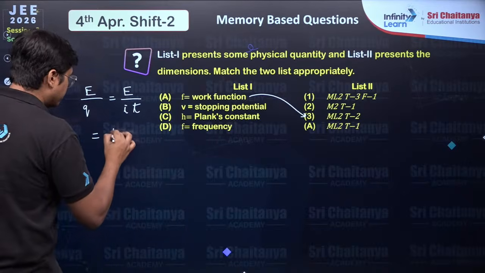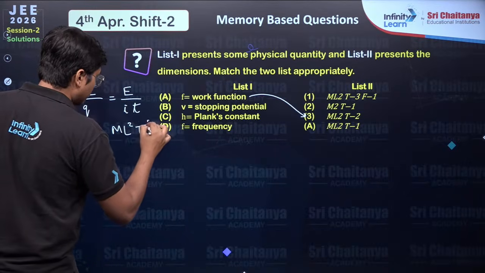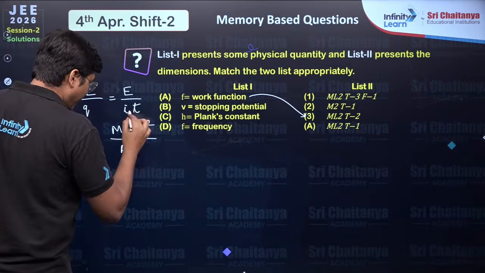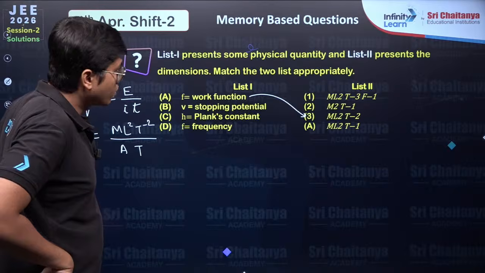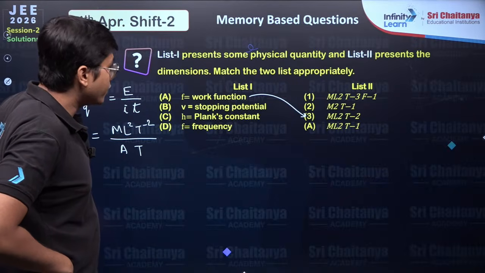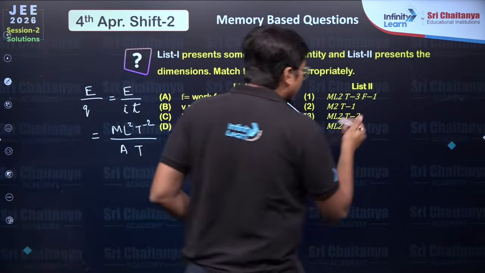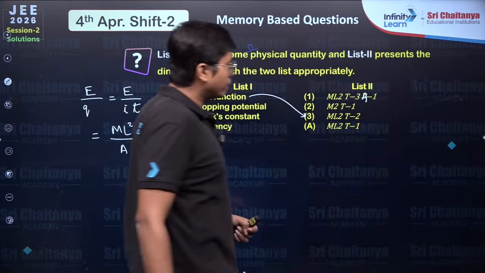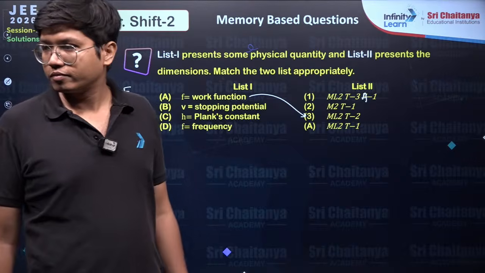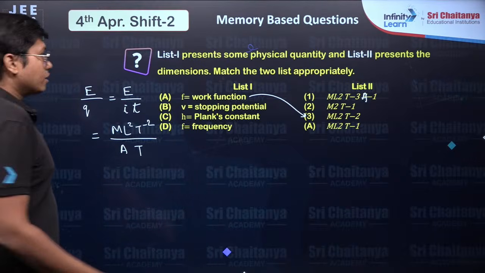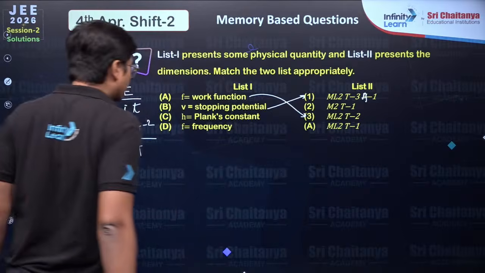So dimensionally, mL2T minus 2 divided by current is A, and here I have a T, so mL2T minus 3, and I'm assuming this is A minus 1. Okay? Acha, stopping potential goes with this.